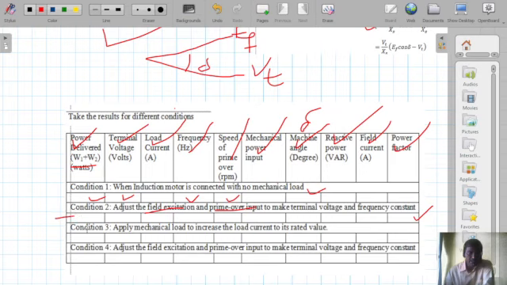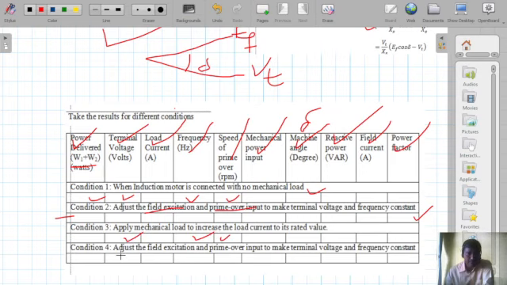Then in condition 3, we intentionally provide some mechanical load on the induction motor to increase the load current. So it will take more active and reactive power. Again, this voltage as well as the speed and frequency will drop.